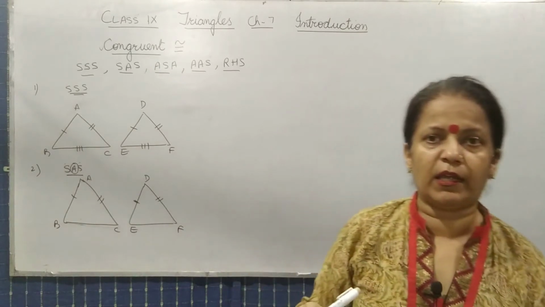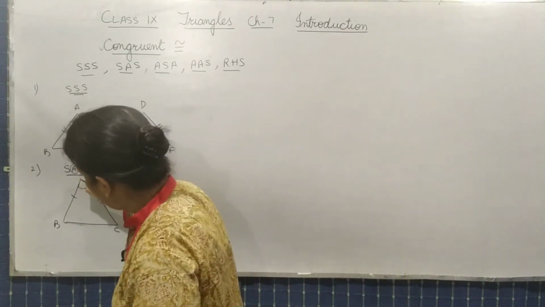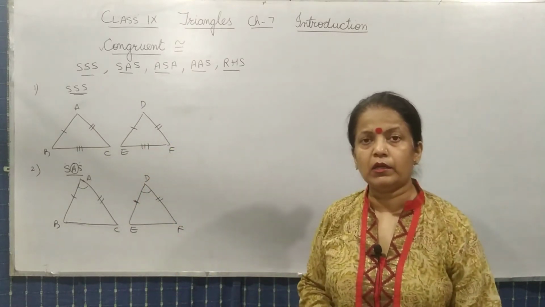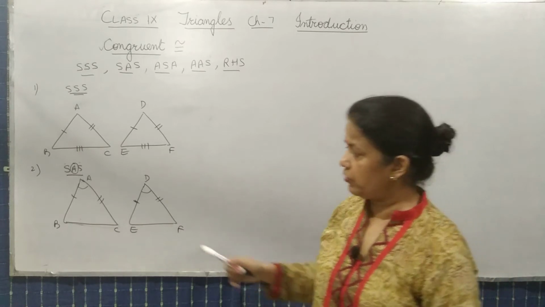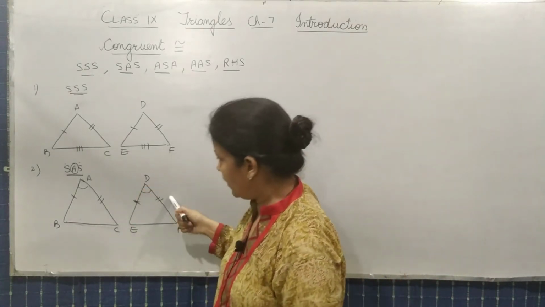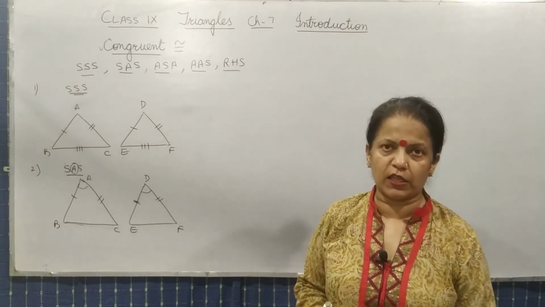So two sides and the included angle of one triangle equal to the corresponding two sides and the included angle of the other triangle, then the triangles are congruent by SAS congruency.